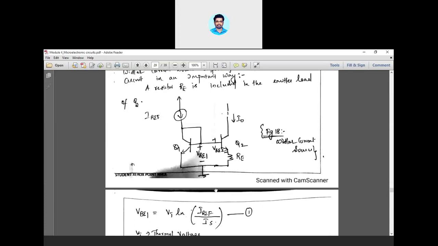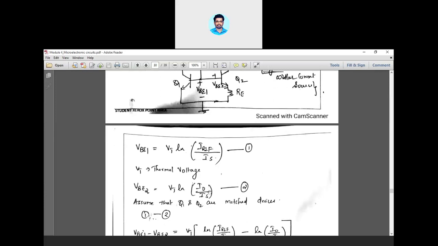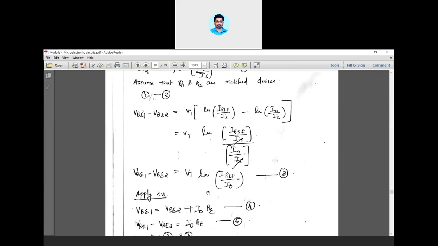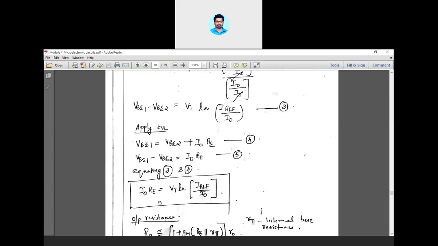For this, what he has done is he has written the equation for VB1 and VB2 in terms of IRF and I0. Then subtract these two equations. So the equation will go like this. Then applying KVL to that loop, again you will get another equation, that is equation number 5. Then simply equating, you will get an equation that determines the value of I0 in terms of RE.